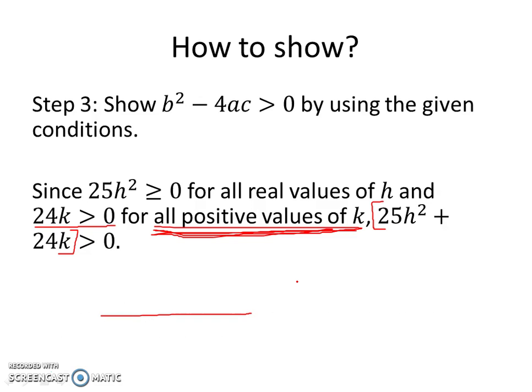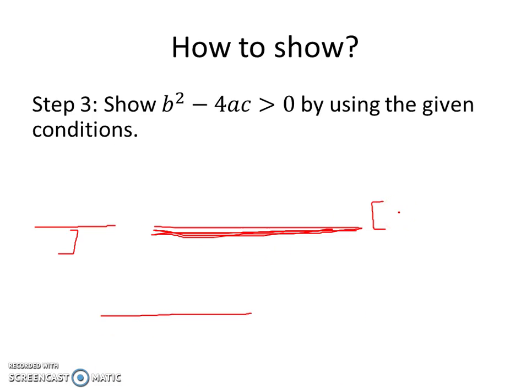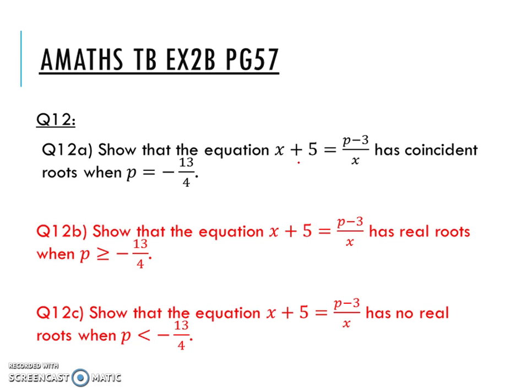So to quickly recap, when you get show questions, show that this equation has a certain kind of roots, you want to rearrange your equation to quadratic form, step 1. Step 2, evaluate what b squared minus 4ac is, and then use the conditions that are given to show your inequality on b squared minus 4ac.